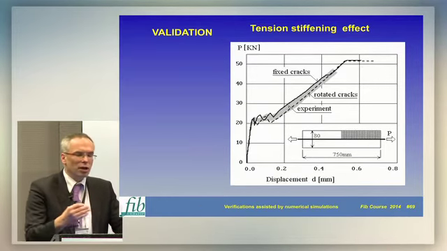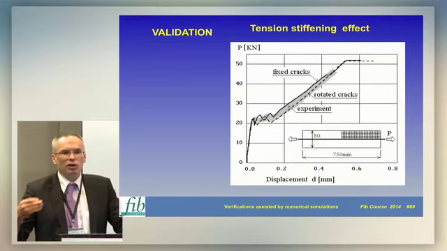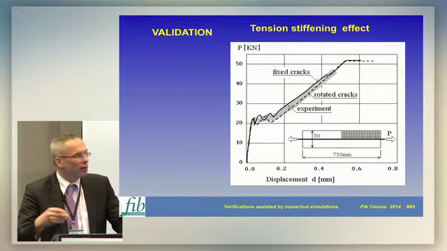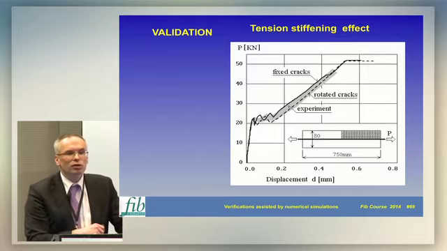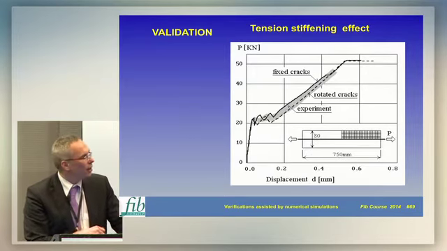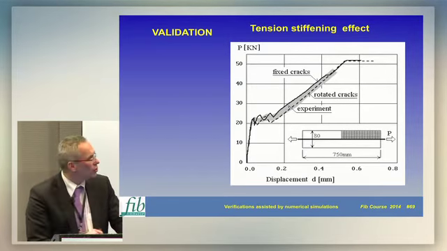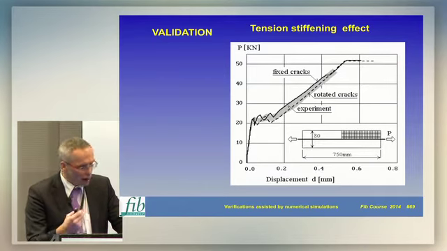But again, if we come to modeling large structures with large elements and a lot of reinforcement, then you cannot use such a fine mesh around each reinforcement. Then bond models or tension stiffening models are useful.